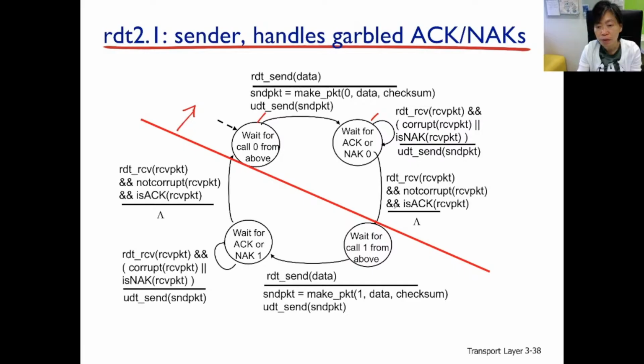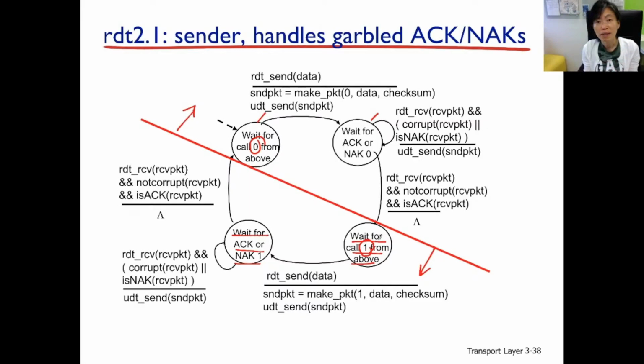If you go further down, this other half is actually very similar. Wait for call from above, and then wait for ACK NAK. The only difference is this: wait for call for packet 0 from above versus wait for call for packet 1 from above.